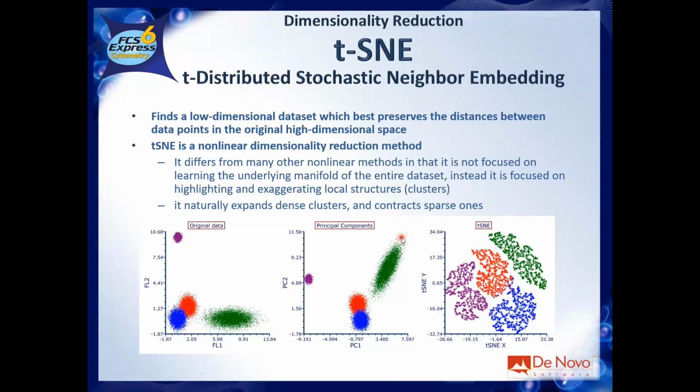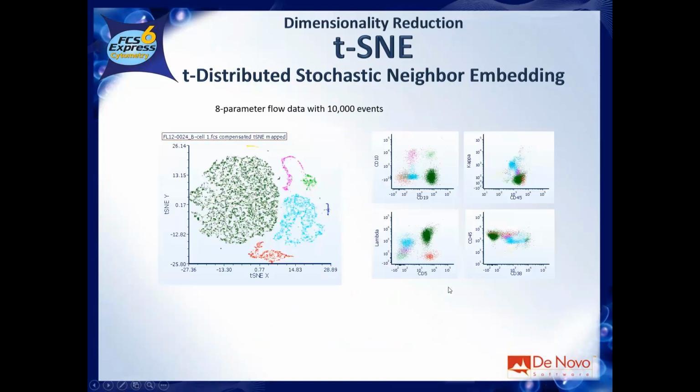And you see, for example, this sparse cluster, the green one, has more or less the same extent as all the other clusters. So what tSNE is doing is to adjust the position of all your events in a single two-dimension plot, creating these two new parameters, tSNE X and tSNE Y.